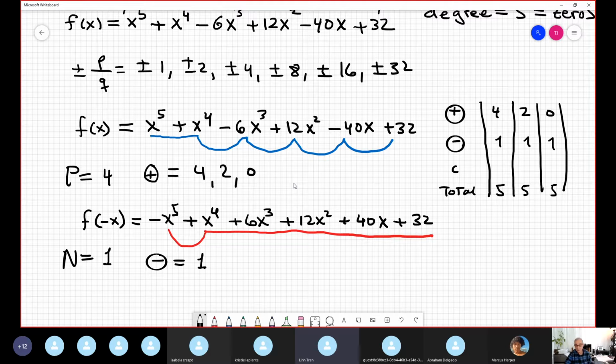So in this scenario, column 1, we have 4 positive real, 1 negative real, and no complex. Okay, and the second scenario, column 2, we have 2 real positive, 1 real negative, and 2 complex, because 2 plus 2 is 4, plus 1 is 5.